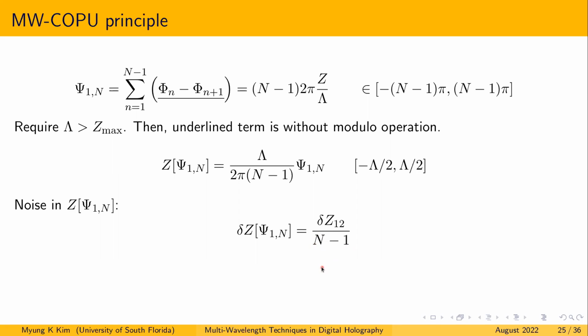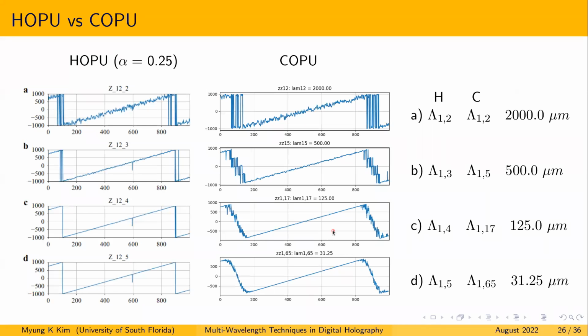All right, so this is a comparison of noise reduction between hierarchical OPU and cumulative OPU. In HOPU, 5 wavelengths are used to reduce the synthetic wavelength from 2000 micron to 31 micron.